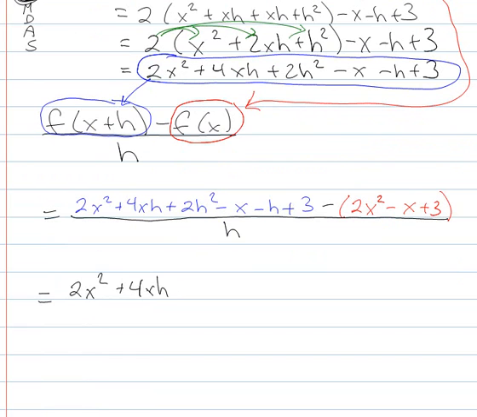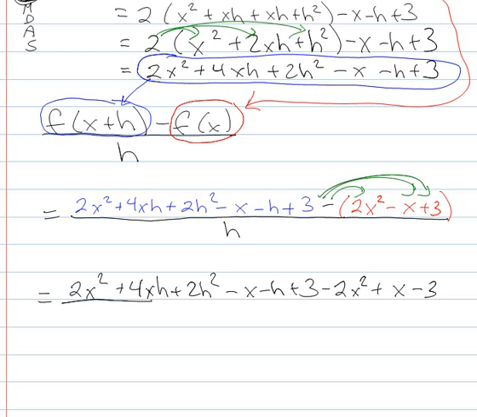It's always a fair strategy. X minus h plus 3. Distribute my negative. And it's a lot of negatives. All right, minus 2x squared plus x minus 3, all over h.